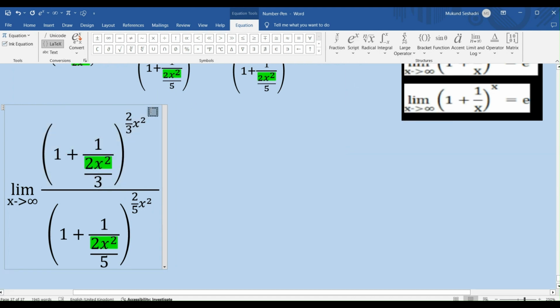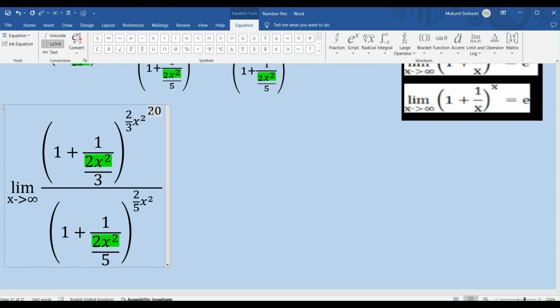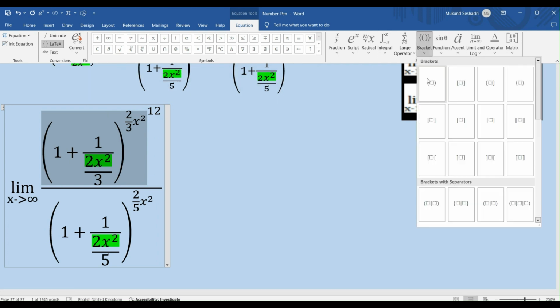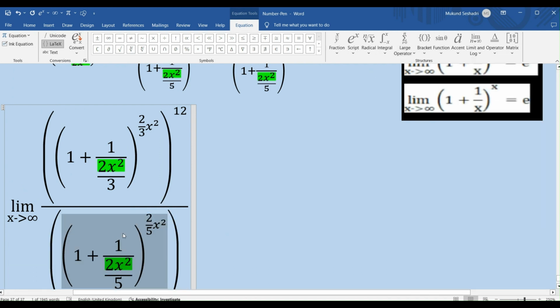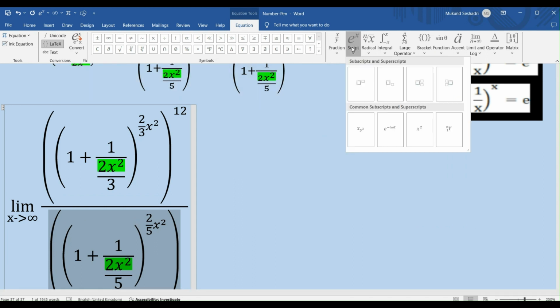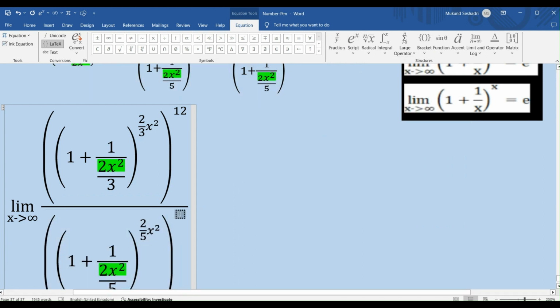To the power 20, sorry, to the power 12 here. And let me see if I can bracket this out. Yeah, and I'm going to bracket this out as well. And I'm going to do a whole power of 20, right, to the bottom expression.